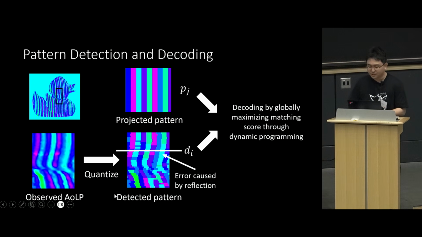Quantization makes the pattern detection robust to small AOP modulation, but it cannot handle larger modulations than the quantization step. To address this, we use dynamic programming to perform robust matching between the projected and detected line sequences by globally maximizing the matching score.